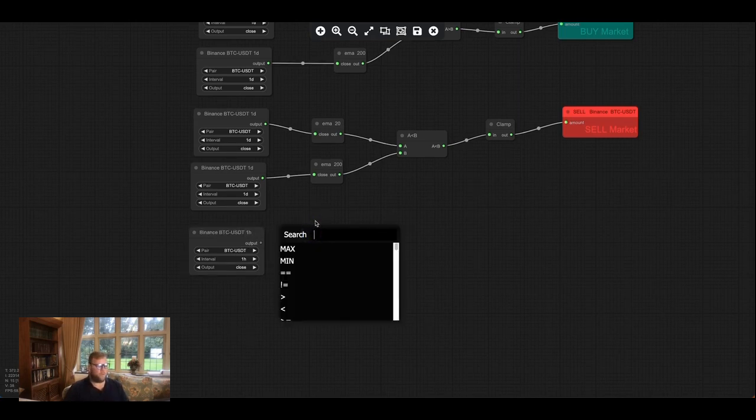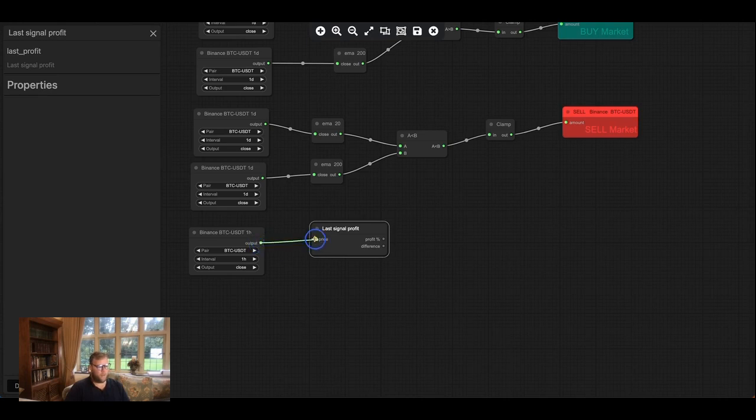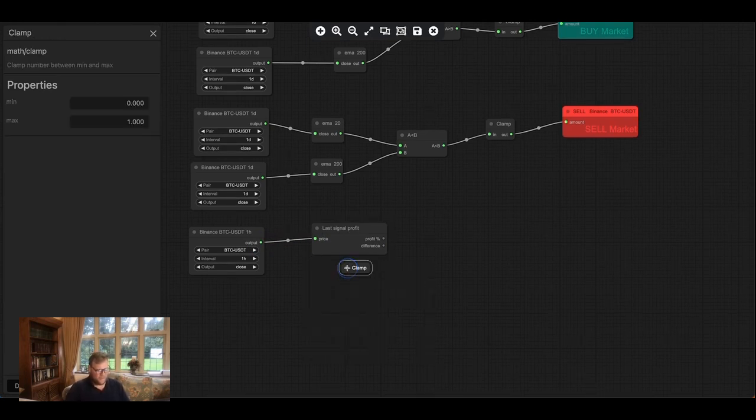And we're going to specify whether the price in the 1 hour period has fallen below 5%. So -5.